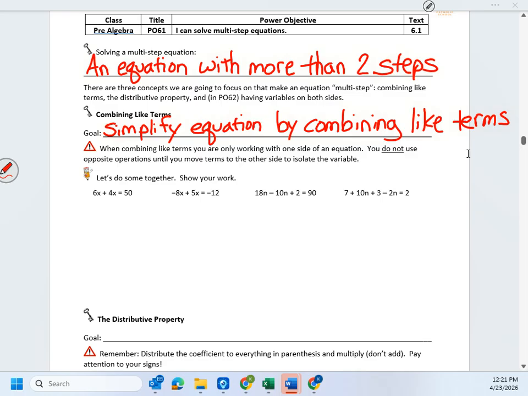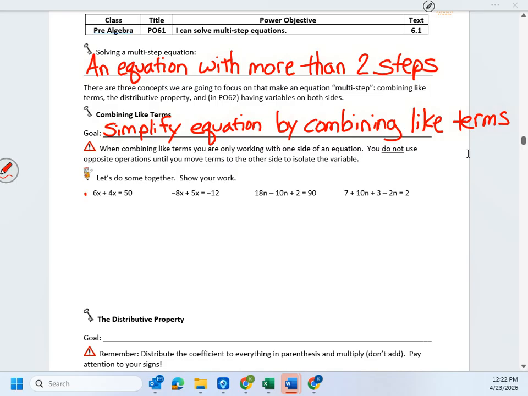So when combining like terms, you are only working with one side of an equation. You're on the same side, so we do not use opposite operations. Opposite operations is when we move something to the opposite side of the equal sign. Same side, you use the same operation. Opposite side of the equal sign that we're moving it to, we use opposite operation.